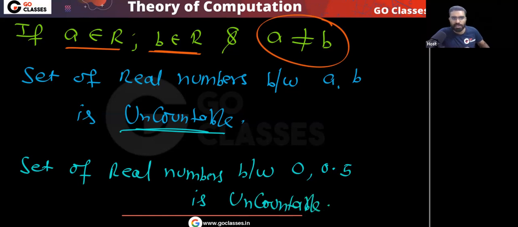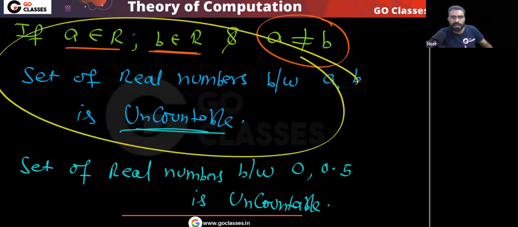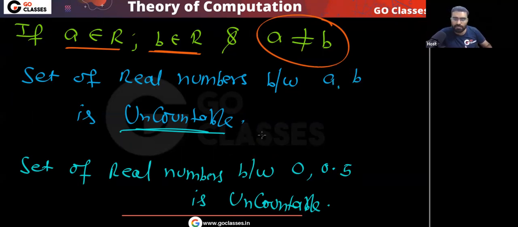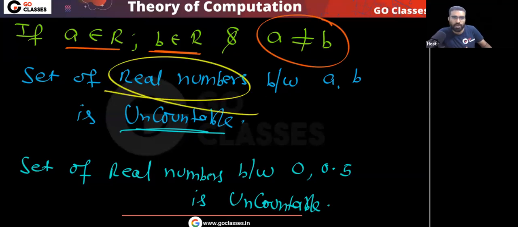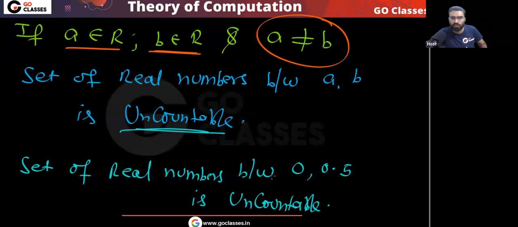We can prove it using Cantor's diagonalization argument. For a not equal to b, the set of all real numbers between a and b is uncountable. We have already seen this in our lectures.